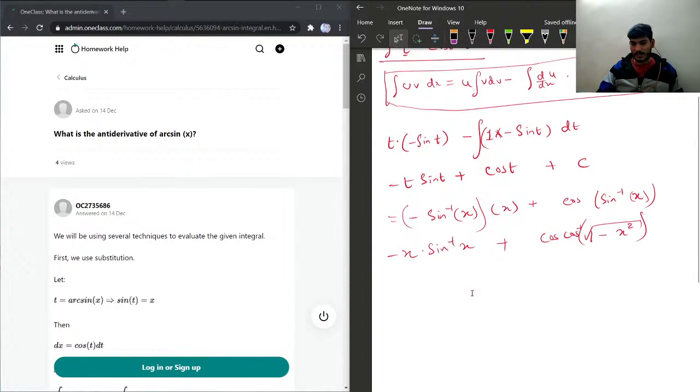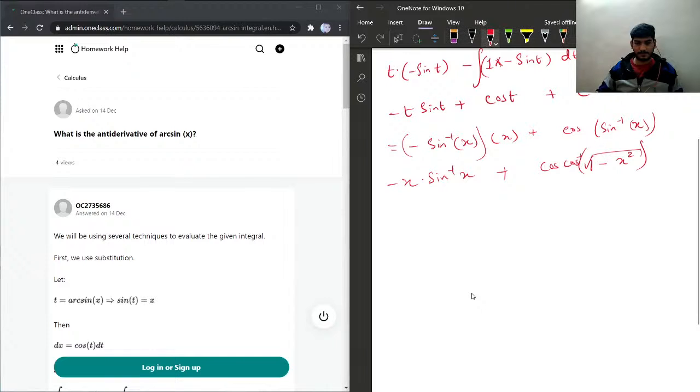So this will finally become minus x sine inverse of x plus under root of 1 minus x square.